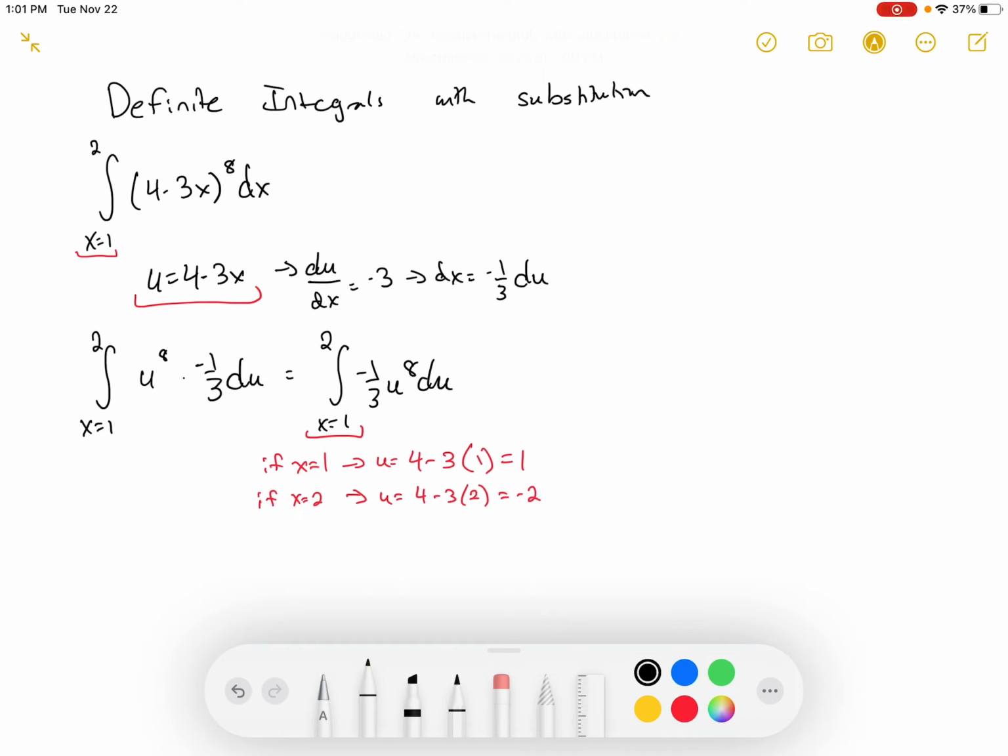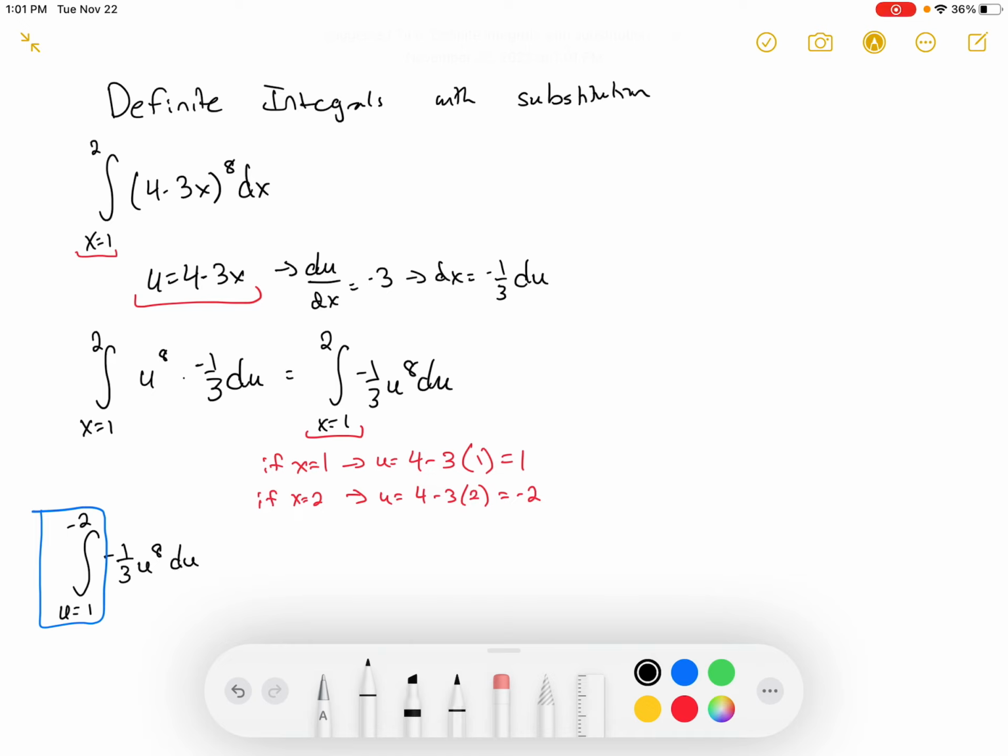Now we can rewrite our integral with our substitution change. This goes from u equals 1 to u equals negative 2 of negative 1/3 u to the 8th du. And if this isn't setting off alarm bells in your head, we might need a refresher on what this actually means.